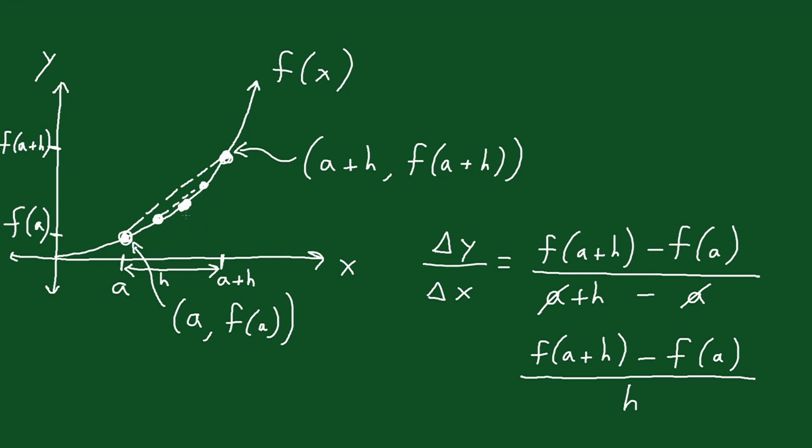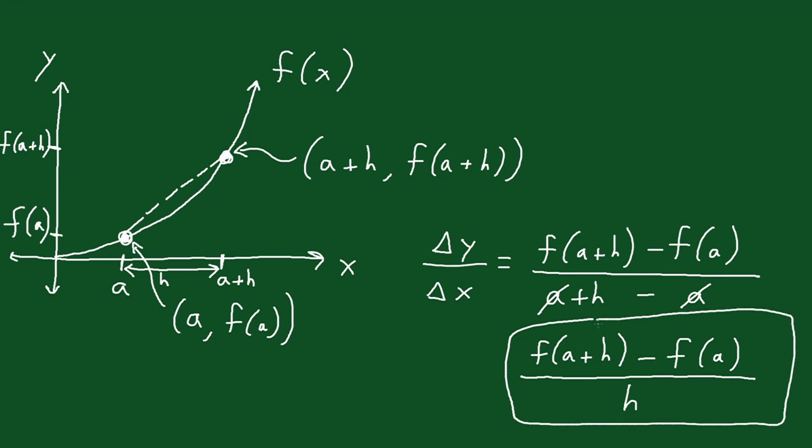Well, when those points become the same point, the value of h has shrunk to a value of 0, right? The gap between the points becomes 0. And so what we can do is we can take a limit of this thing over here as h approaches 0, and that will give us the instantaneous rate of change.